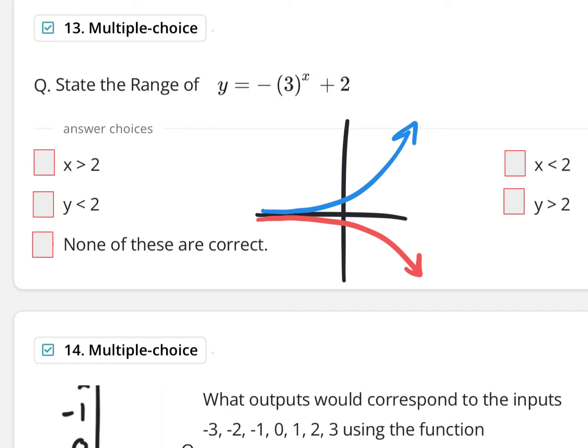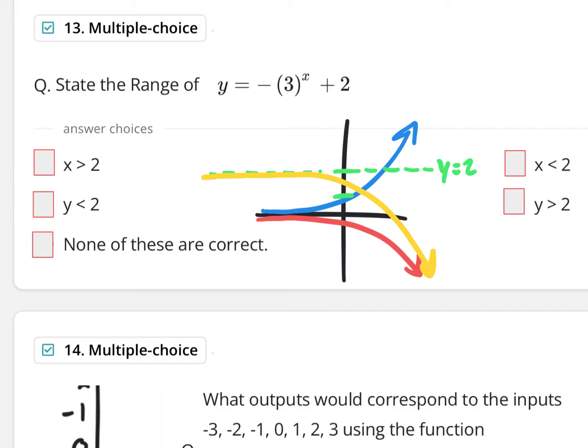So your new asymptote will be going through the y value of 2. So here's 1, 2. Here's my new asymptote, y equals 2. And we know that the actual graph, it's going to be this final yellow graph here. It's growing in a negative direction like that, okay?